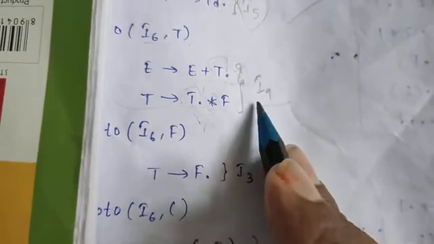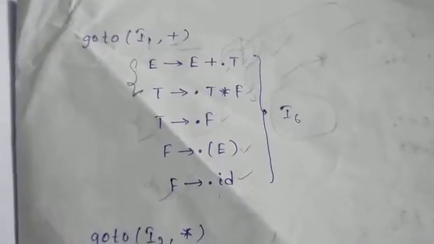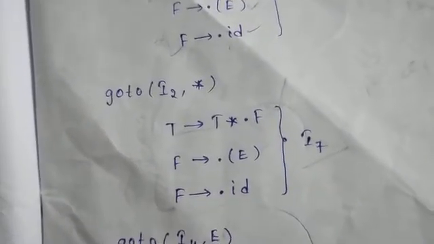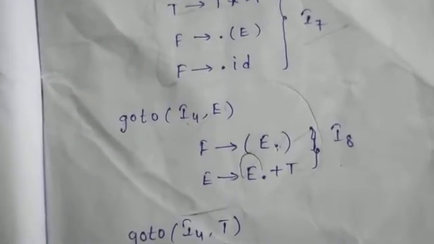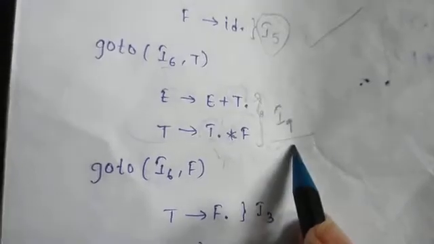Before giving the state number, we'll check these productions against I0, I1, I2, I3, I4, I5, I6, I7 and I8. These are not matched with any of them, so it will be taken as a new state. Then it will be numbered as I9.